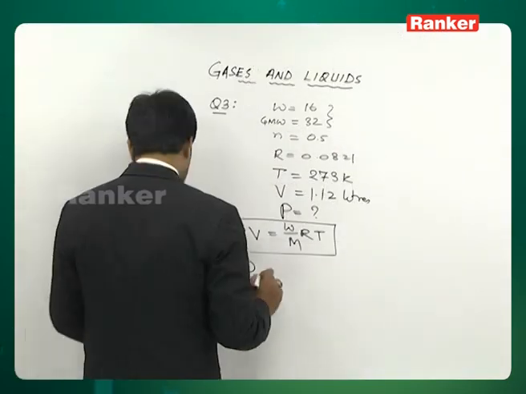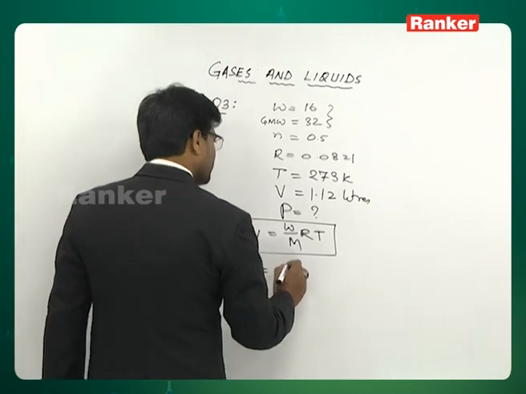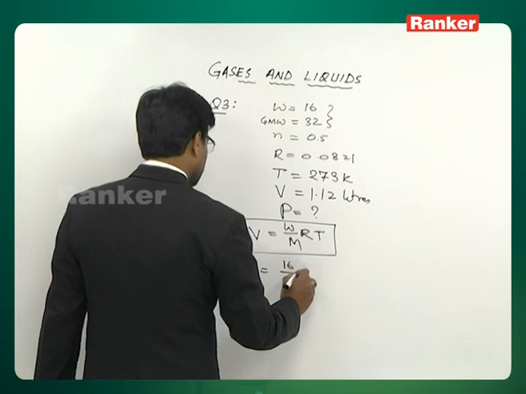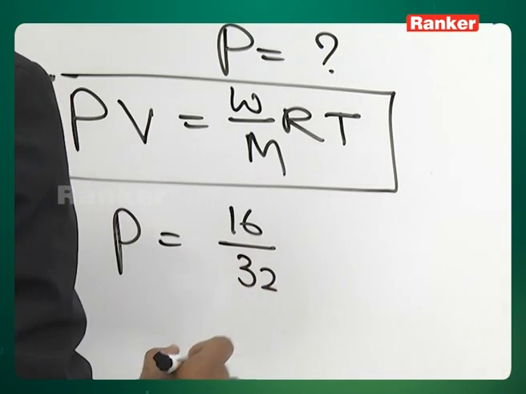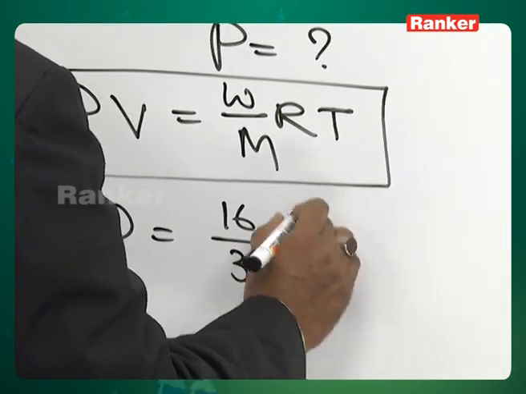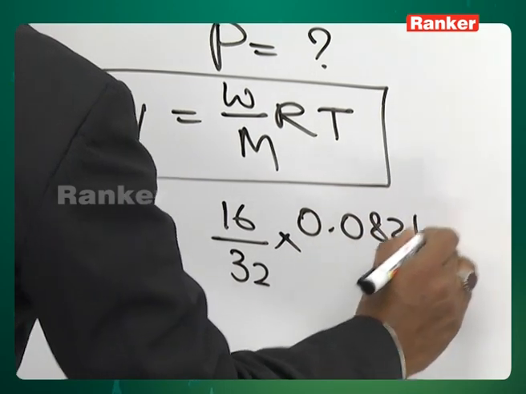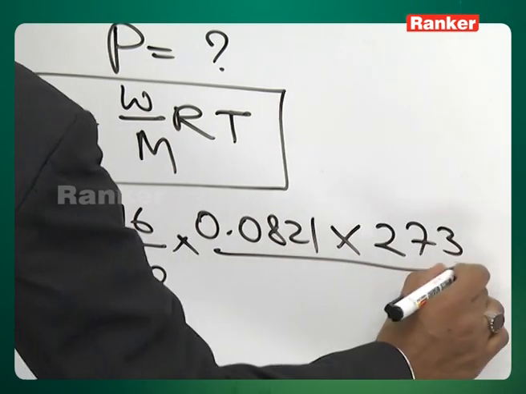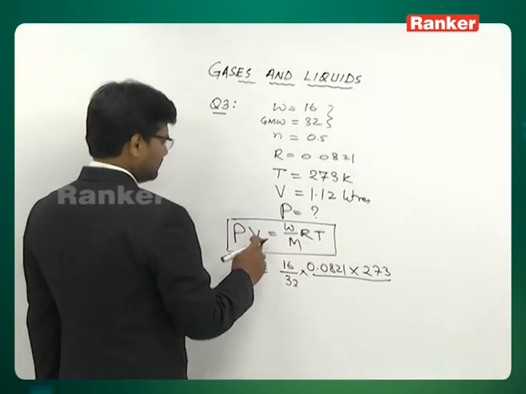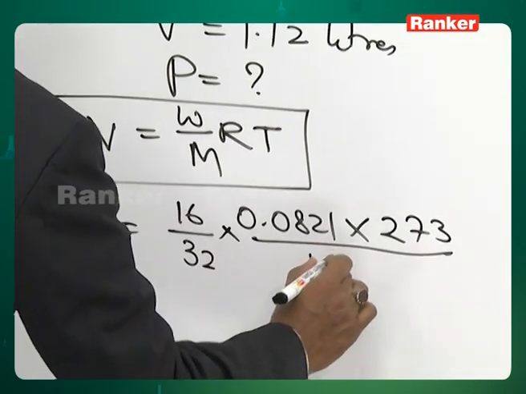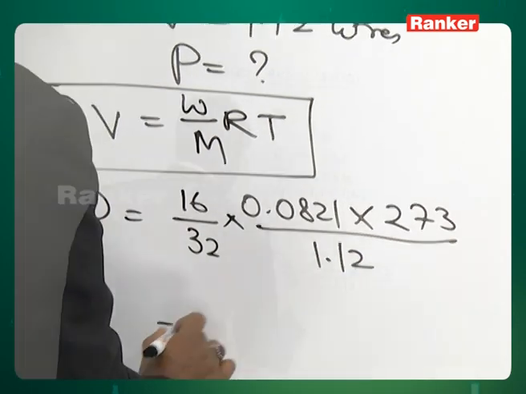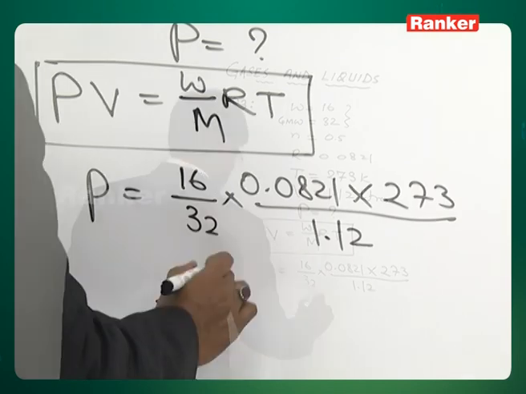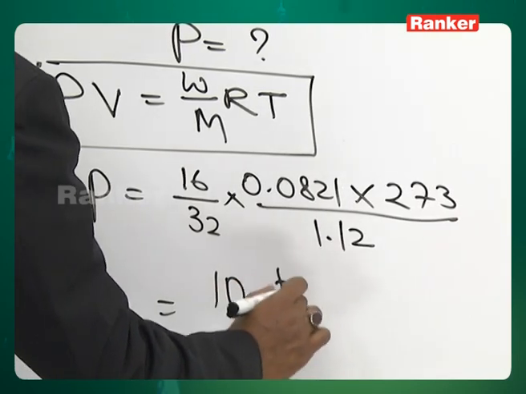Now P equals weight is 16 by 32 into 0.0821 into 273, divided by volume, which comes to 1.12 liters. So if you cancel out the values, the answer you get is 10 atmospheres.